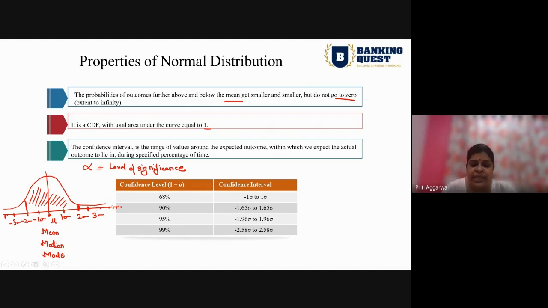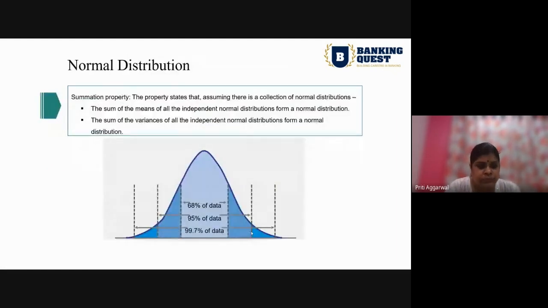So 68% of your CDF will be between plus and minus 1 standard deviation. 90% of your confidence level will be between plus and minus 1.65 standard deviations. 95% is between plus or minus 1.96 standard deviations, and 99%, which is very close to 3 standard deviations, is plus or minus 2.58 standard deviations. That is how the distribution is done in a normal curve.